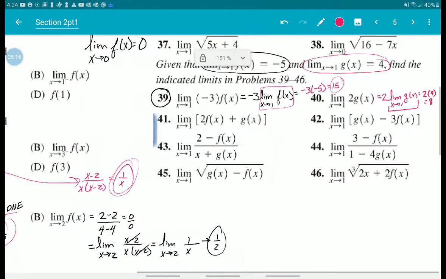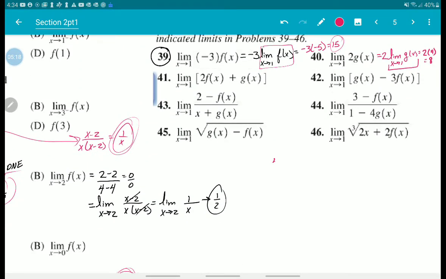So now let's look at 41, and I'm going to come down here and write this. We have the limit as x approaches 1 of 2f of x plus g of x. We want to find the limit after we do that. Well, we can use those limit properties to rewrite this. We could rewrite this as the limit as x approaches 1 of 2f of x plus the limit as x approaches 1 of g of x.